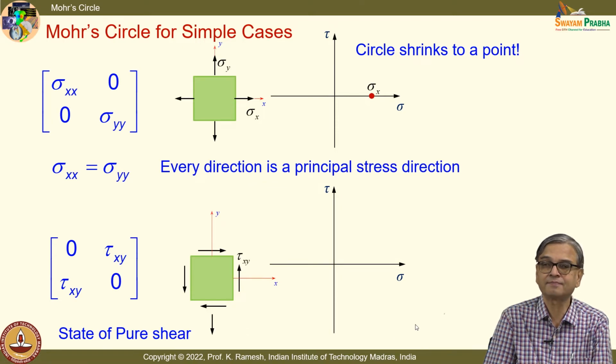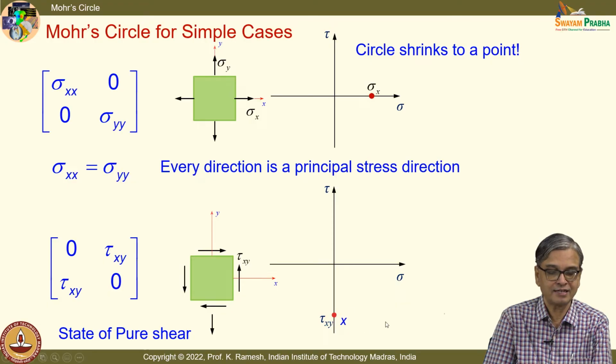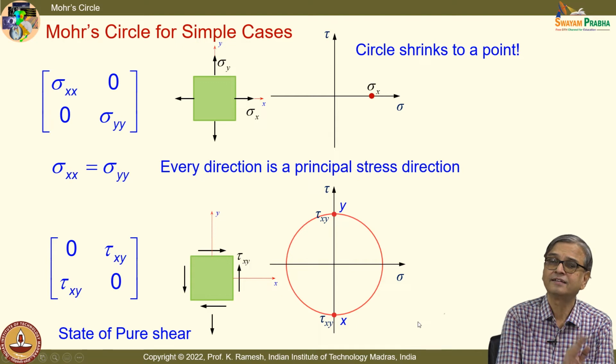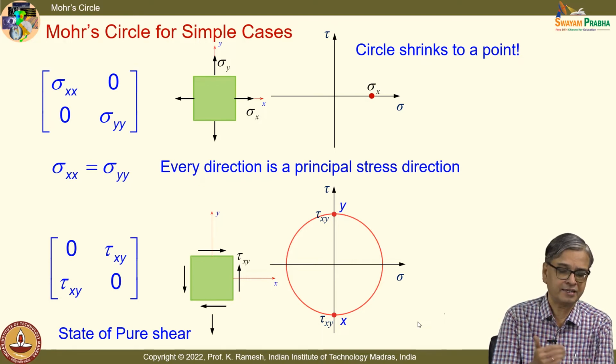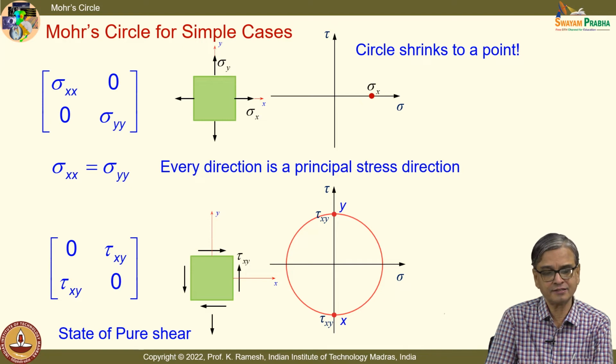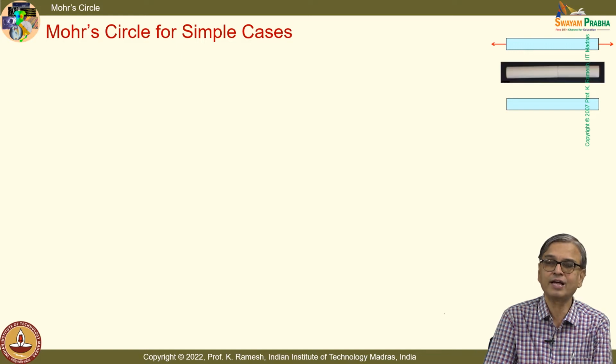Where will x come? Downwards. So, I have this and then I have a y plane. So, now I draw the circle. Is the idea clear? You are in a position to find out for simple cases: uniaxial stress, simple biaxial stress, and the pure shear stress. And we will also have two different cases, I have a positive shear, I will also have a negative shear.